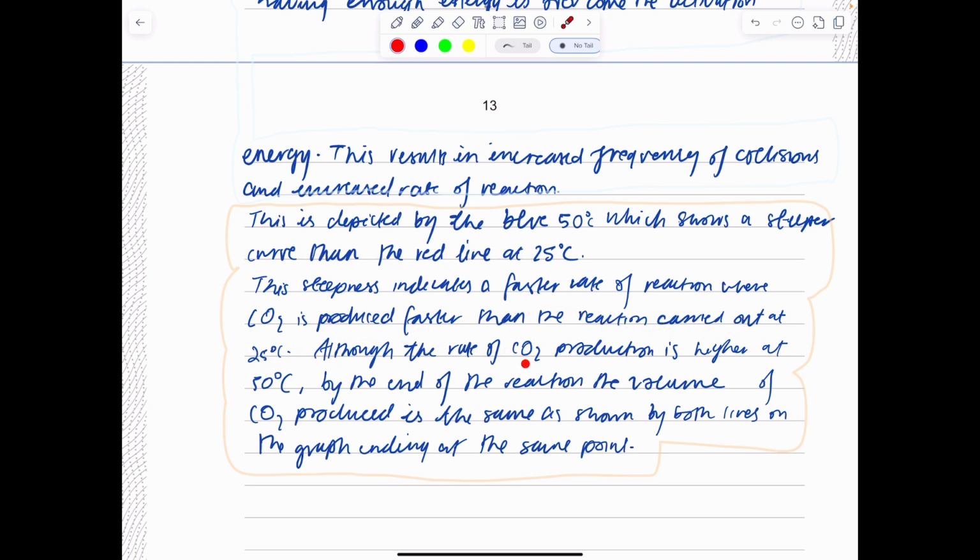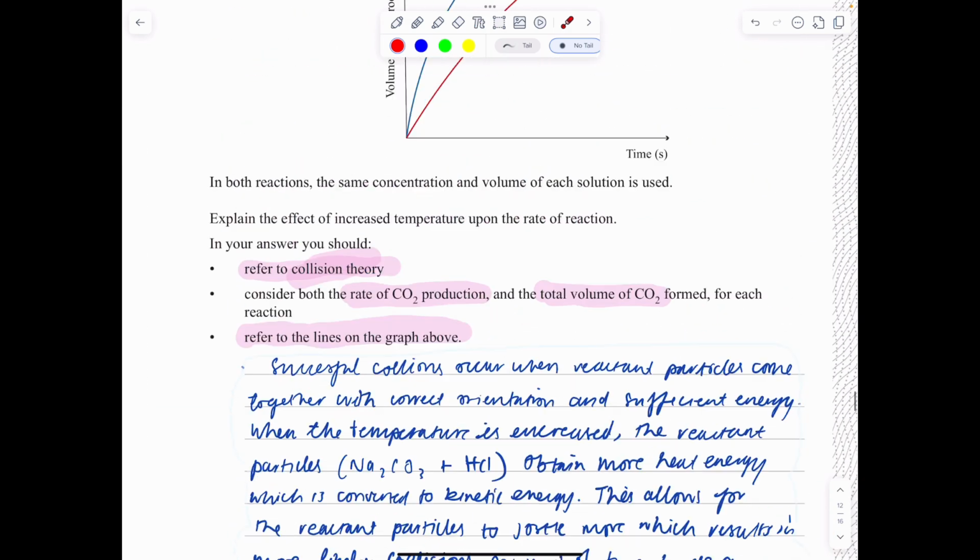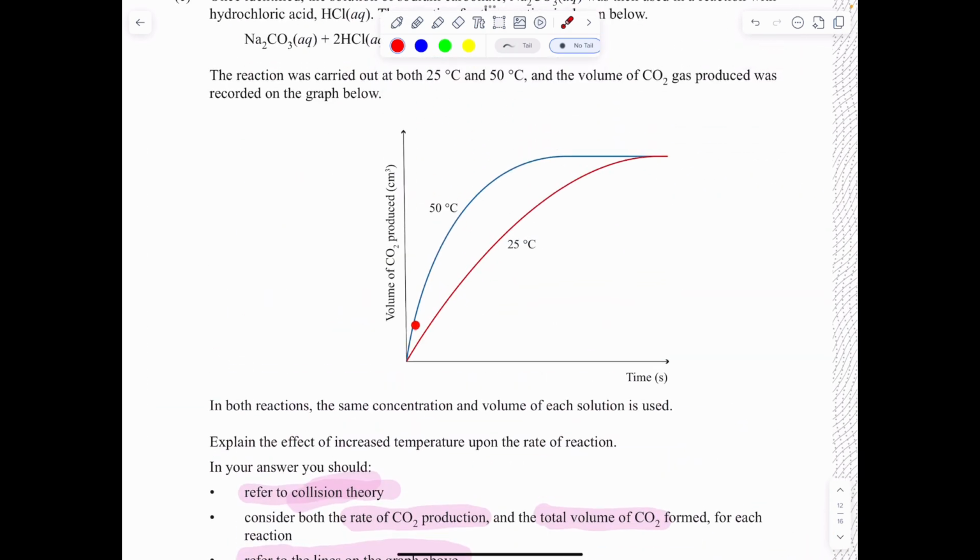Although the rate of CO2 production is higher at 50 degrees, by the end of the reaction, the volume of CO2 produced is actually the same as both lines on the graph end at the same point. So you may be tempted to say that a greater volume of CO2 is produced. Actually, it's producing the same amount by the end of the reaction, but it's just being produced at a faster rate.